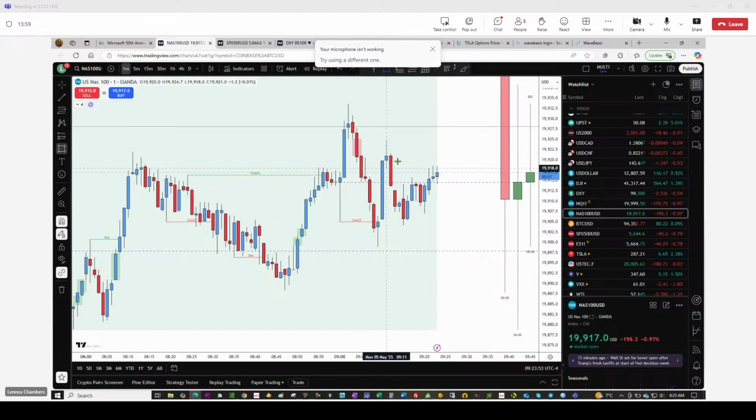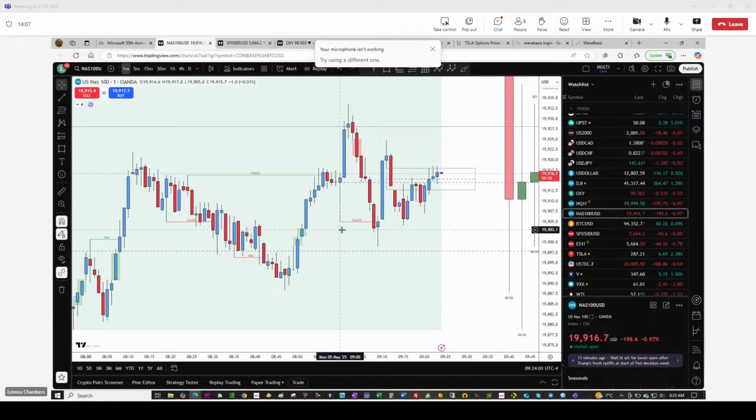to have gap right here. We're inside that gap. We have gaps up here.